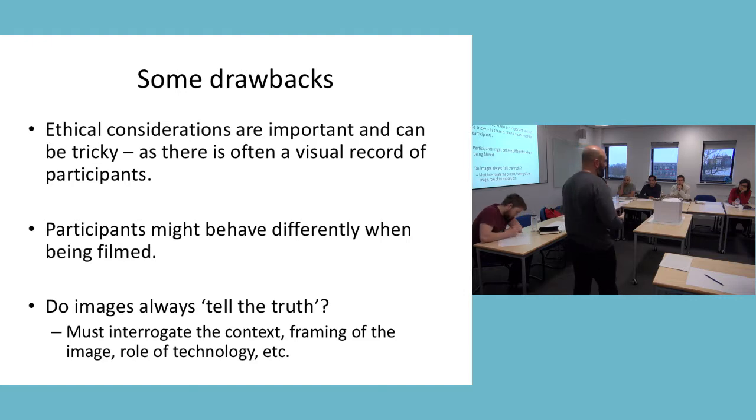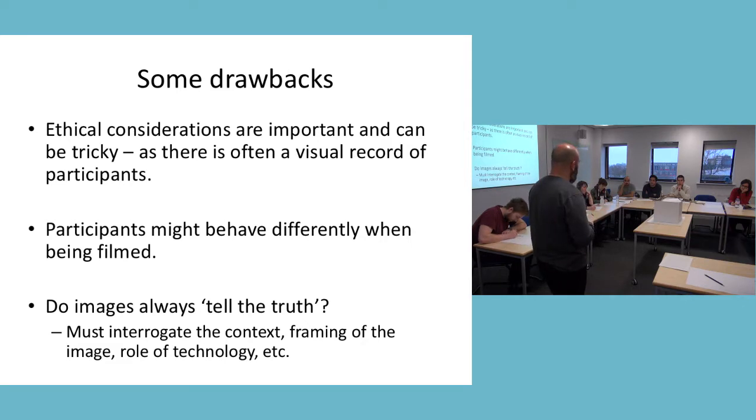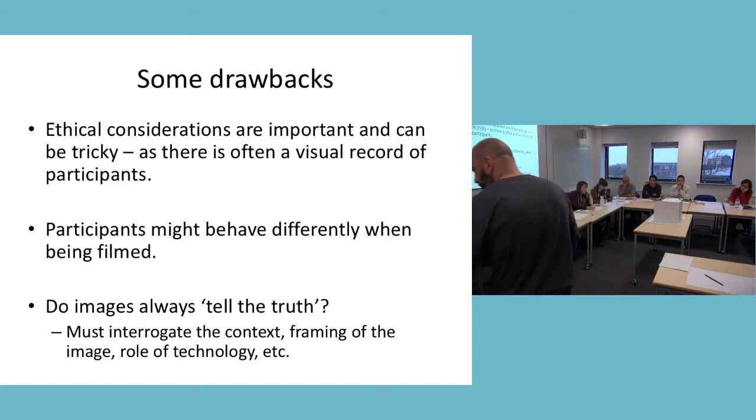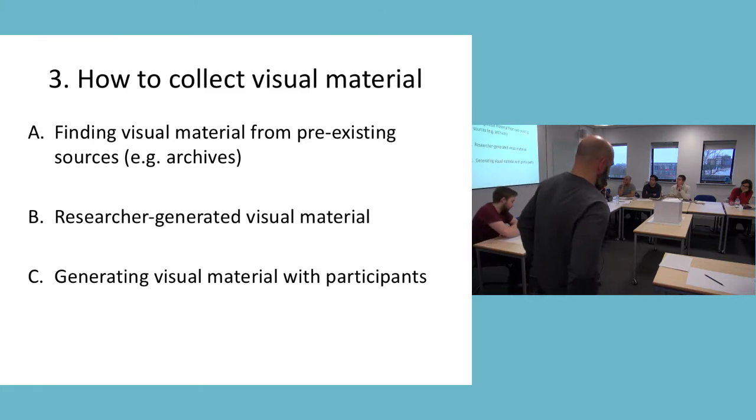We need to critically examine what that image is and whether it is a valid truth. We usually present a picture and say, here's what happened, right? But now we have to engage with that in a more critical way and say, okay, that's what happened when someone took that picture in that particular way, on that particular day, in that lighting, and so on. So we need to be aware of those issues.